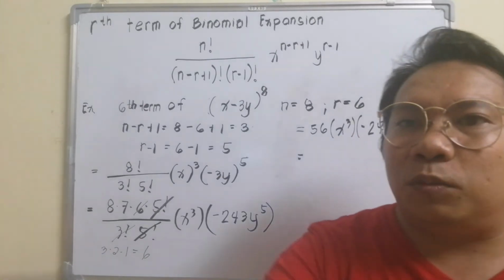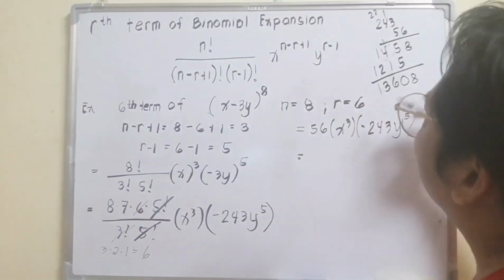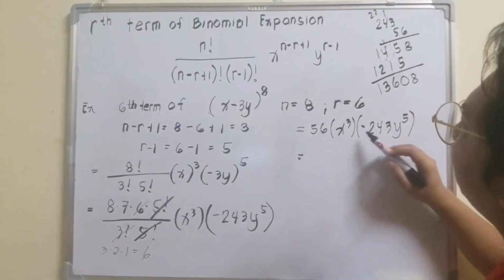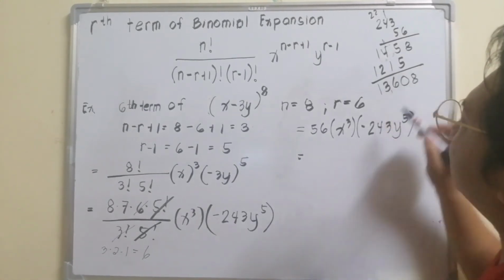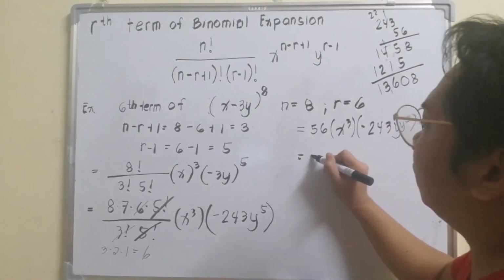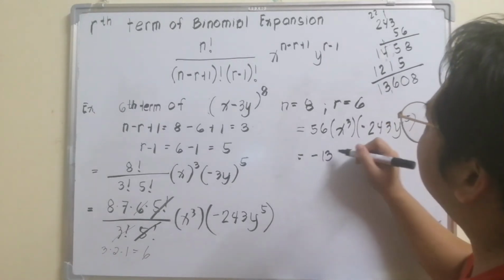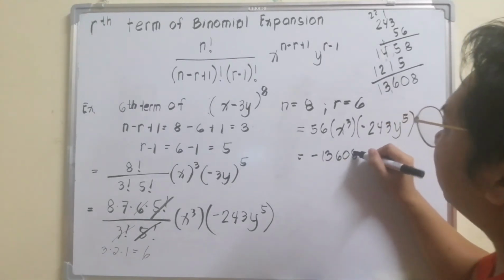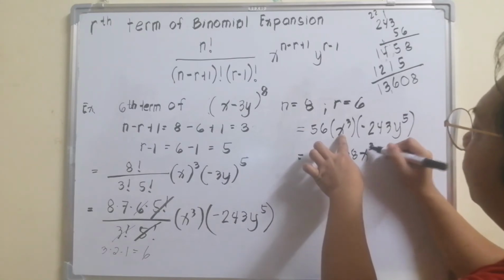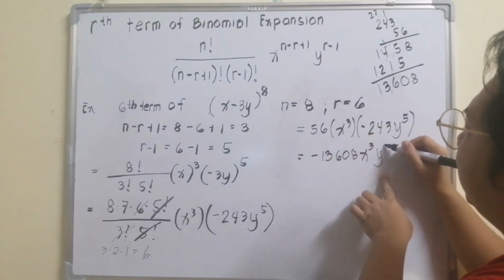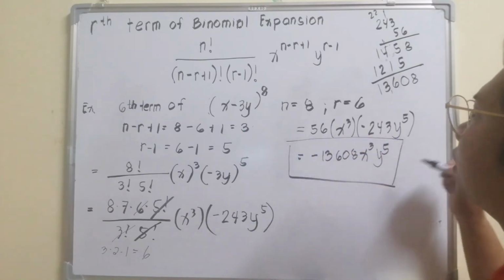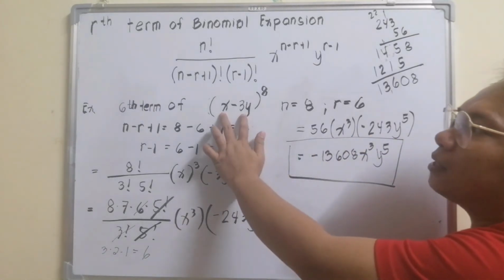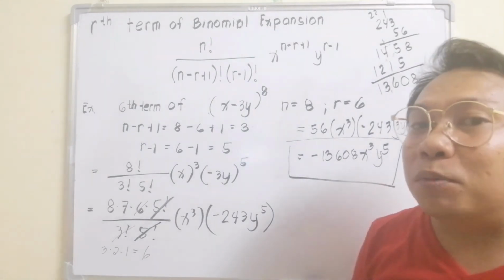Multiplying this one, if you multiply 56 times 243, that will give you 13,608, and it's negative. So you have negative 13,608 x cubed y to the power of 5. So this is now the sixth term of x minus 3y raised to the power of 8.